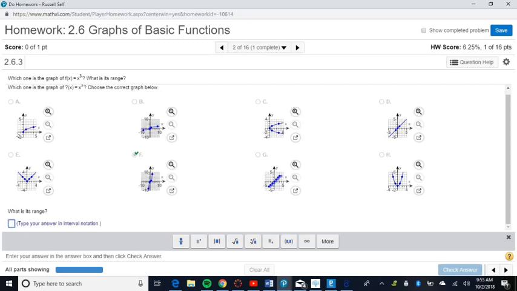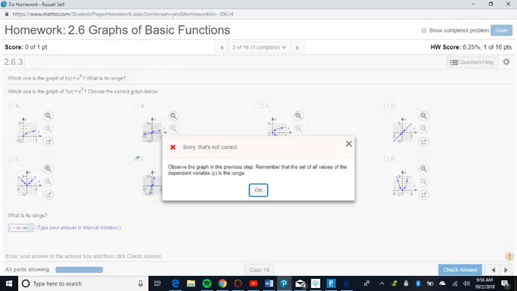So you're just picking the right graph. Now, we want to do the range. Now, remember, the range here means how much it goes from the bottom up. It goes everywhere to the bottom, everywhere to the top. So our range is going to be from minus infinity to, so that's what I didn't do last time, I didn't tab to the box. I'm in the box, to positive infinity. And check your answer.